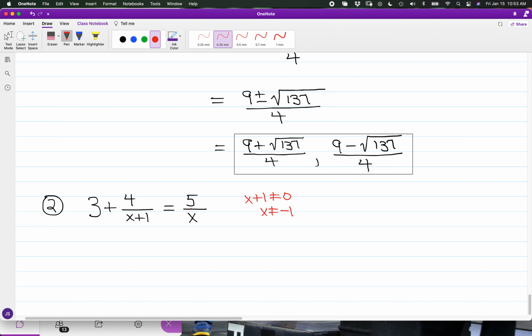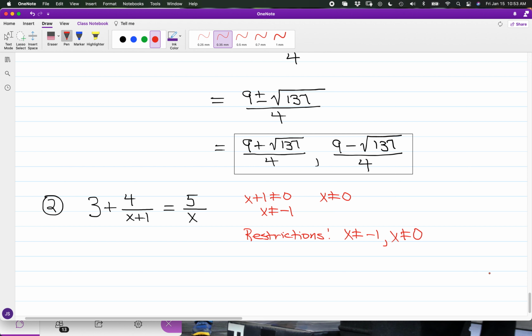And for 5 over x, x cannot be equal to 0. So we have a bit of a twofold restriction: x cannot be negative 1, and x cannot be 0.